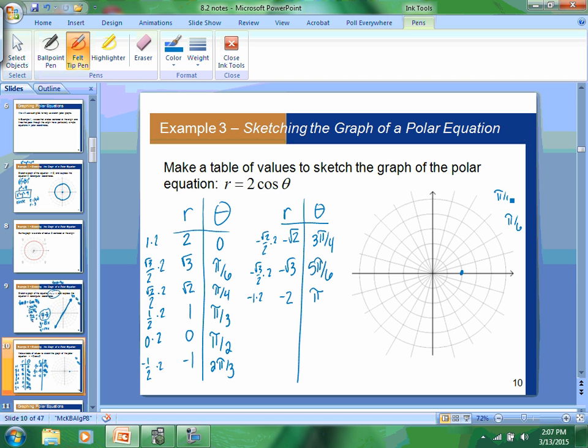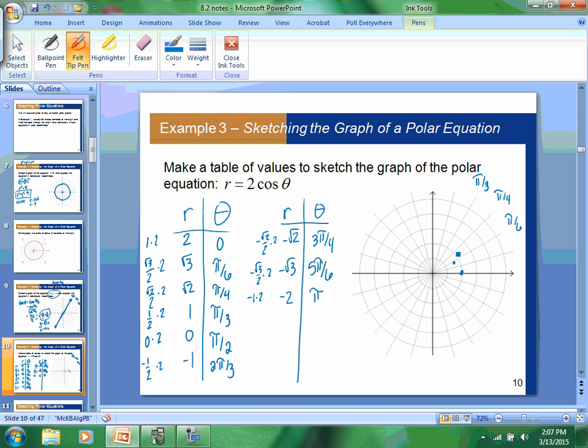We've got pi over 4, and then we've got pi over 3. Okay, so I've got pi over 6 now. I'm going to have a segment that is 1.71 units long. So you just kind of have to estimate. This is my first little ring. This is my second ring. So 1.7 might be right about there, perhaps.